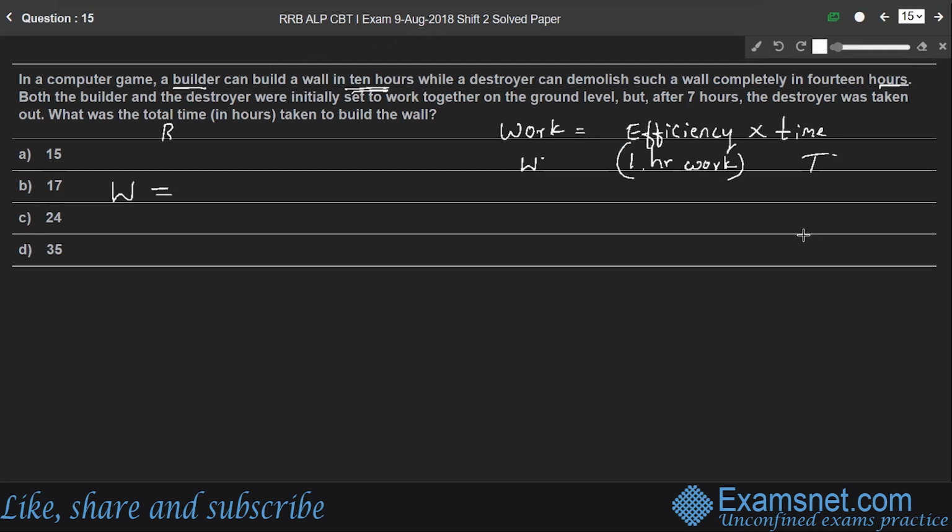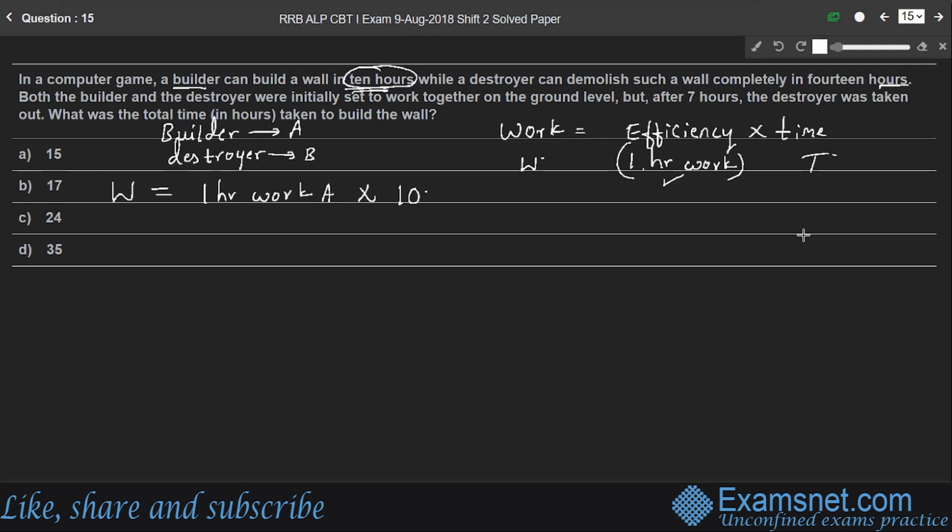Let builder be person A, and destroyer be person B. Here, 1 hour work of A into time taken by him to build the wall, which is 10 hours. So his 1 hour work into 10 hours is the total work. W is equal to 1 hour work of A into 10.